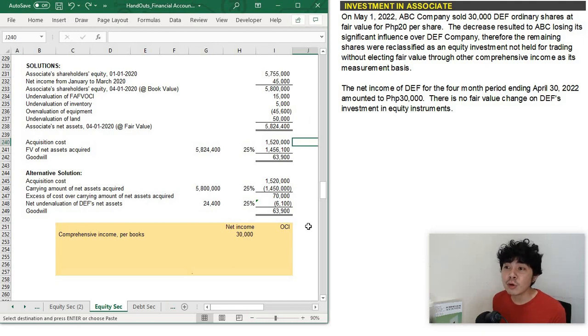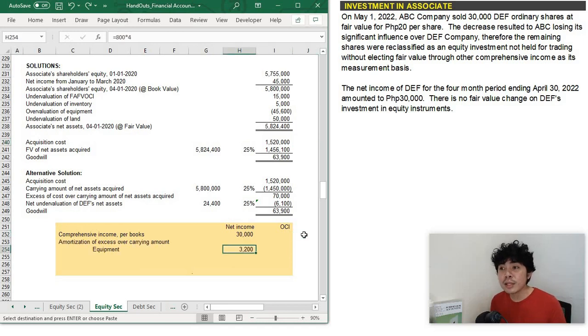So, during this 4-month period, eto na lang again ang i-amortize natin, 45,600, pero only for 4 months. And that is 3,200. So, yan, 3,200 na yan, syempre yan ay 45,600 divided by 57 months times 4 months. So, yan lang ang ating adjustments.